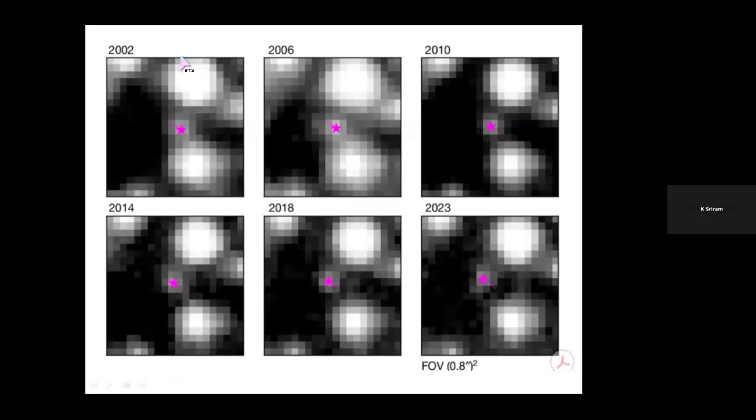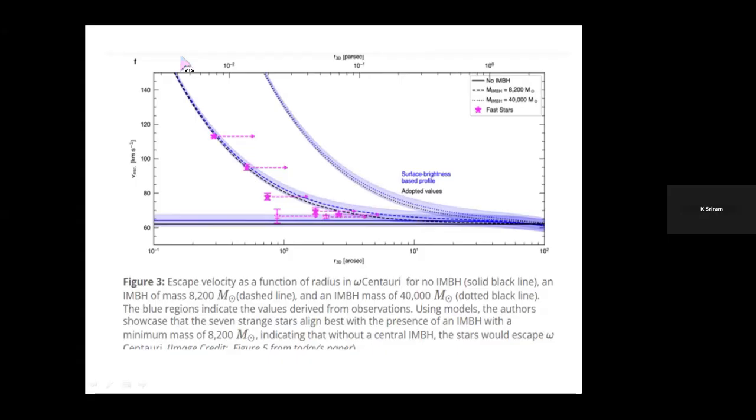Now, if you carefully observe, you can see that by 2023 there is a change in the star positions. They performed all the calculations, and, not going into the details, they found that if the stars have changed position because of a black hole, then the black hole mass should be of the order of 8,200 solar mass to 40,000 solar mass.